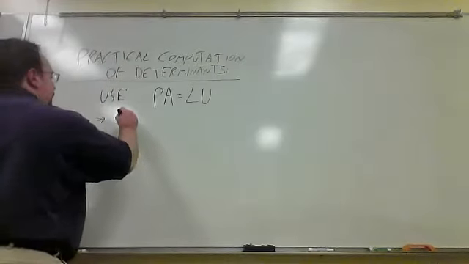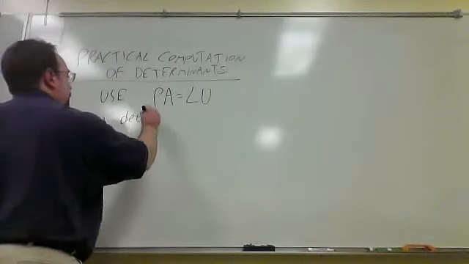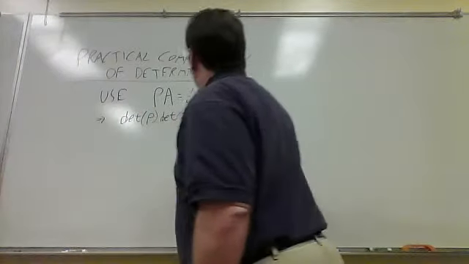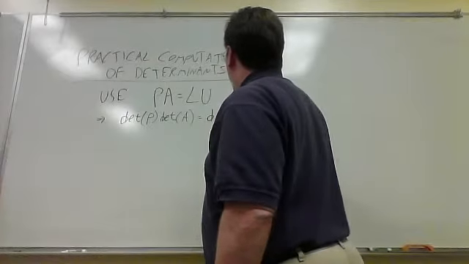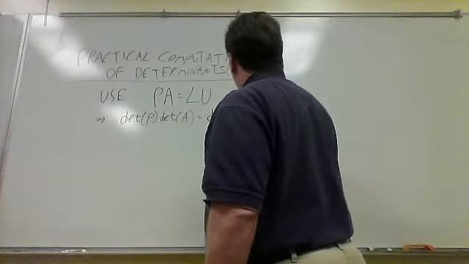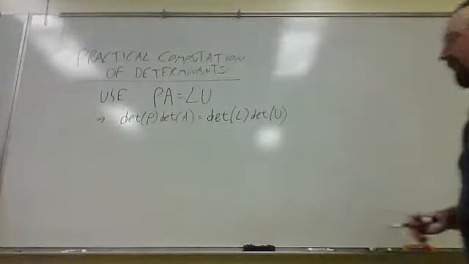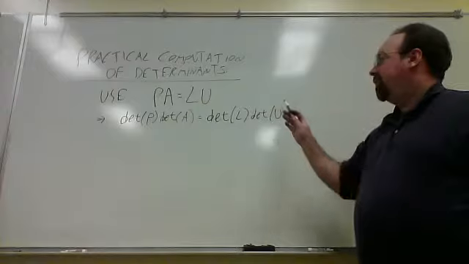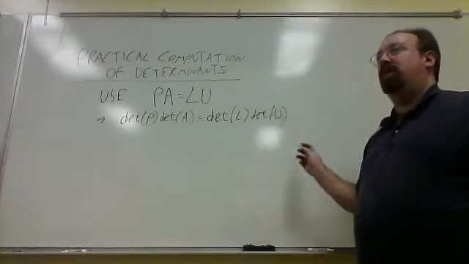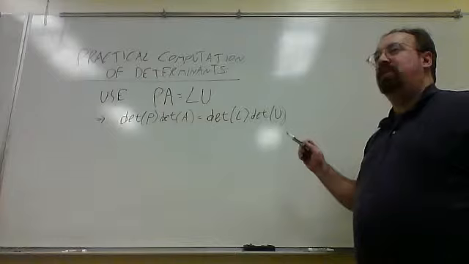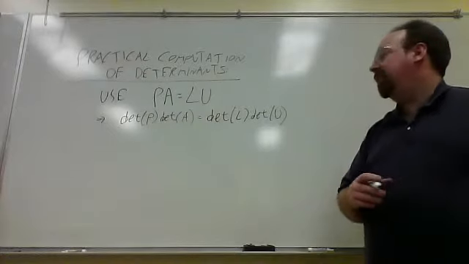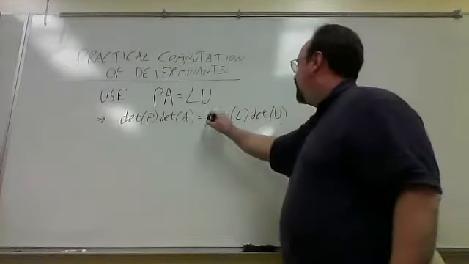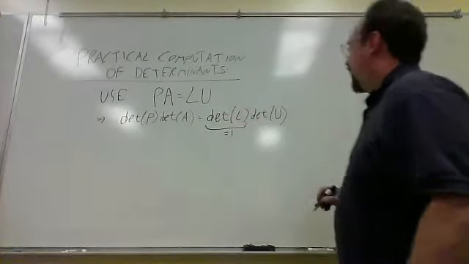So what I have here is the determinant of P times the determinant of A, which is what we want, is equal to the determinant of L times the determinant of U. Next, we can use the fact that when you have a triangular matrix, upper or lower, the determinant is just the product of all the diagonal entries. But for a unit lower triangular matrix, all the diagonal entries are 1. So the determinant of L is just 1.